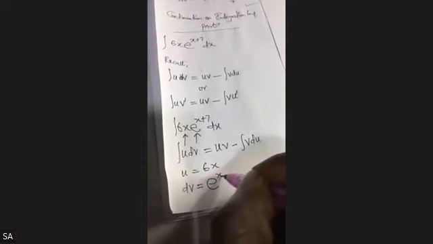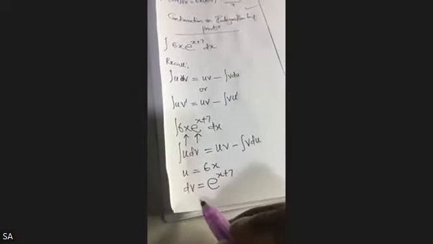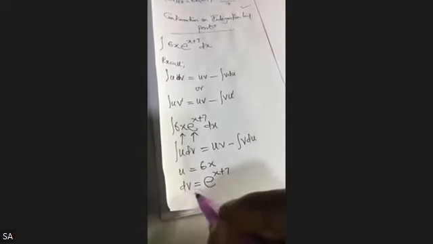So here, it shows that u is what? 6x, and dv is what? e raised to power x plus 7. From here, we know that u is 6x, dv is e raised to power x plus 7. Now, from here, let's obtain our du, then from here, we can obtain our v.